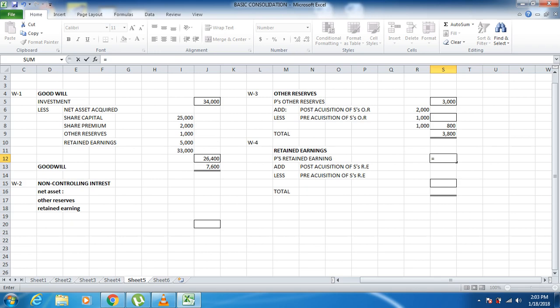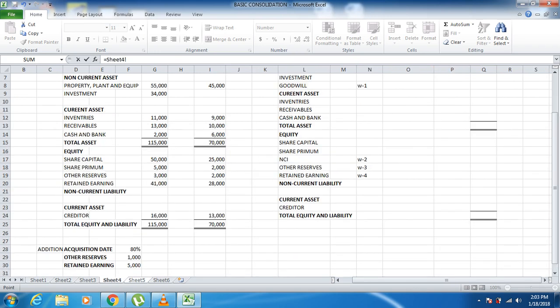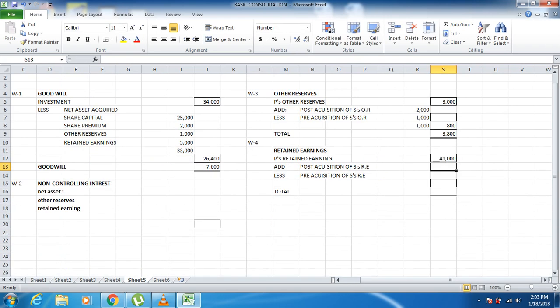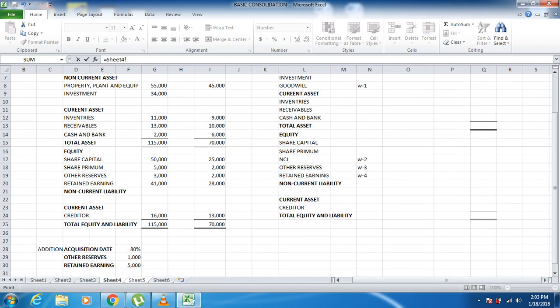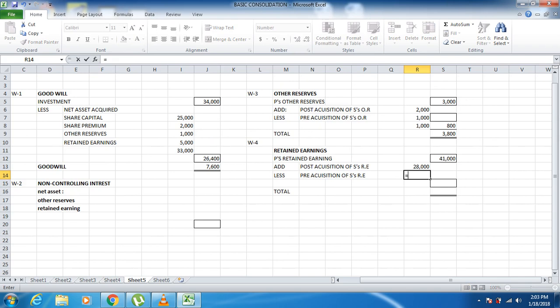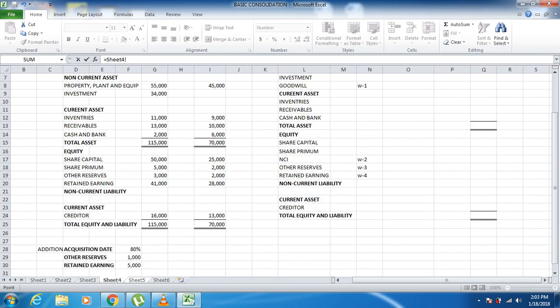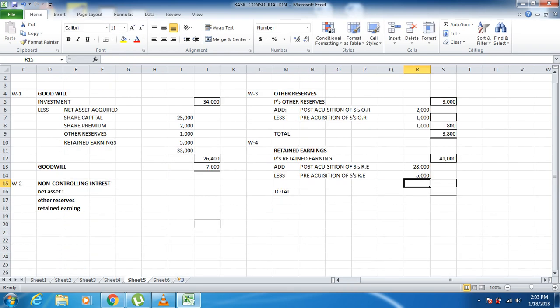Parent's retained earning, 41,000. Post acquisition of subsidiary's retained earning, 28,000, less pre-acquisition of subsidiary's retained earning, 5,000. 28,000 minus 5,000, 23,000.